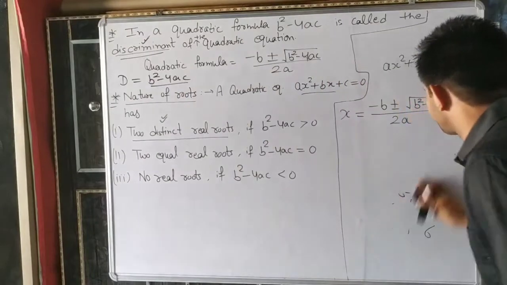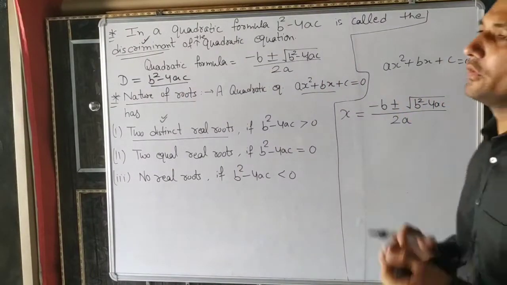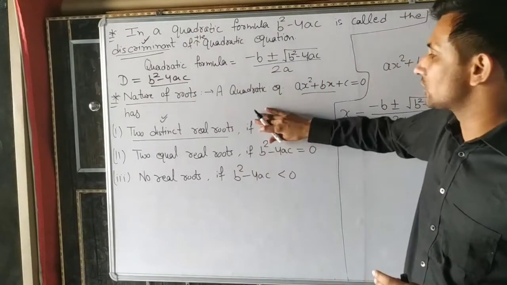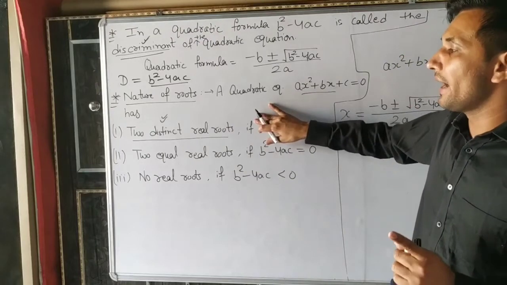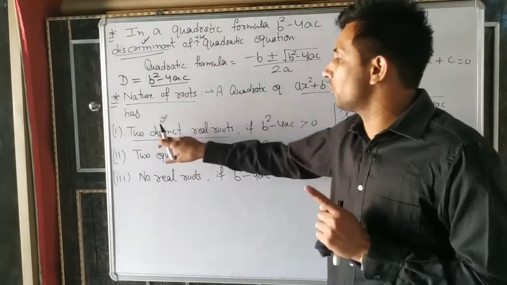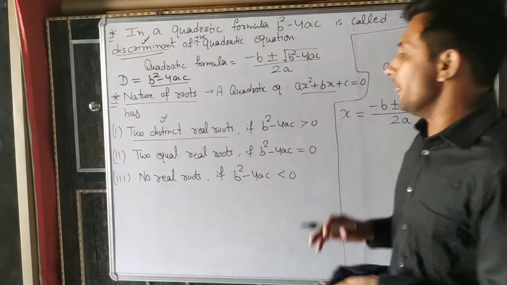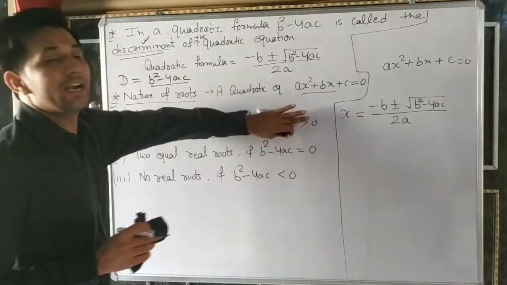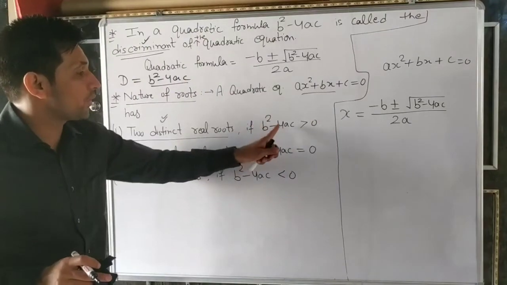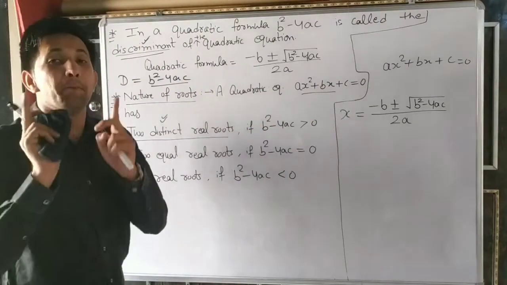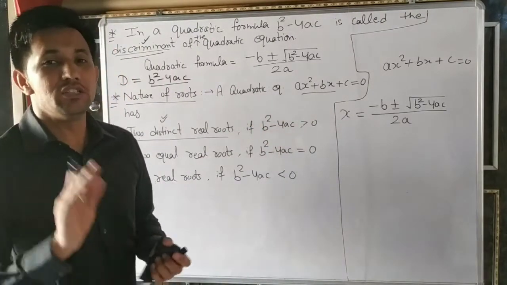Look here. Every time the examiner asks you to find distinct real roots, in what condition are the roots distinct and real? b square minus 4ac must be greater than 0.